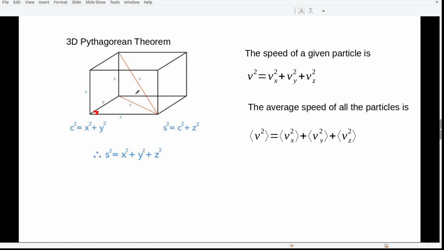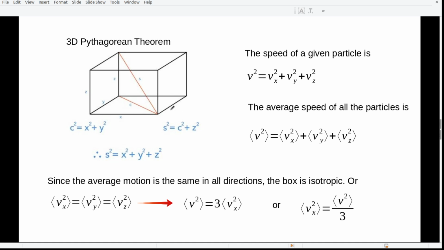So here's this right triangle. Then looking at that right triangle, z squared plus c squared is going to be equal to s squared, but meanwhile c squared is x squared plus y squared. So that's Pythagorean theorem in 3D. So if we're talking about the average speed of all the particles, then that's going to be the average of their components squared.